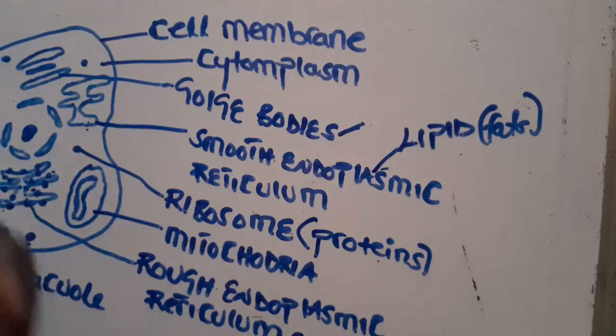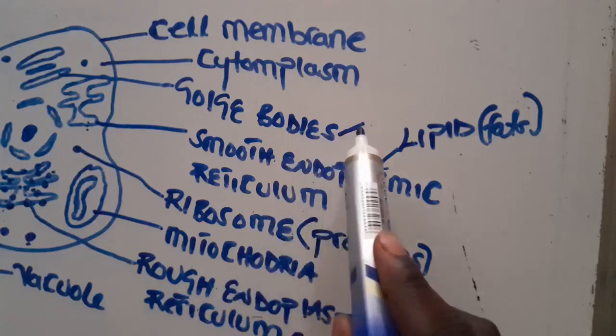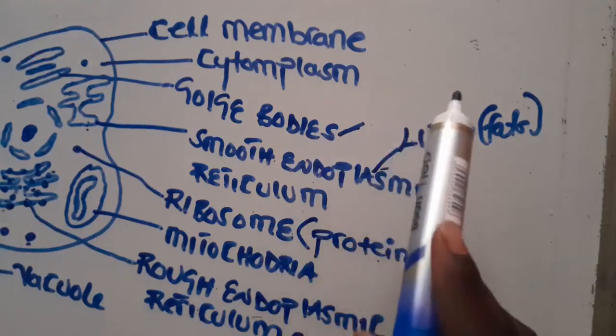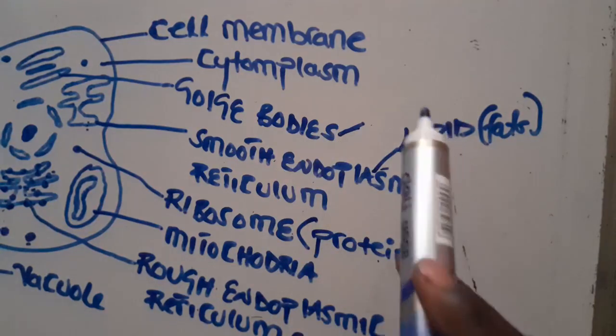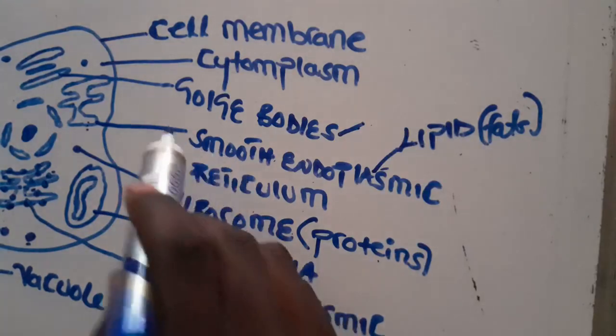So if there is a damaged part within the cell, the Golgi bodies are going to transport the proteins to that specific part where proteins are being needed.